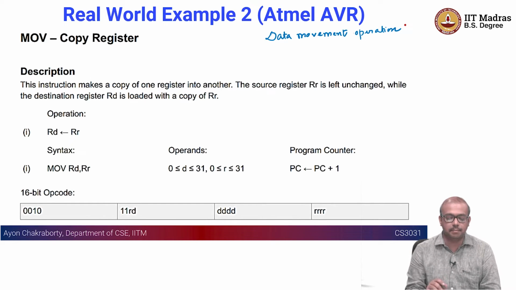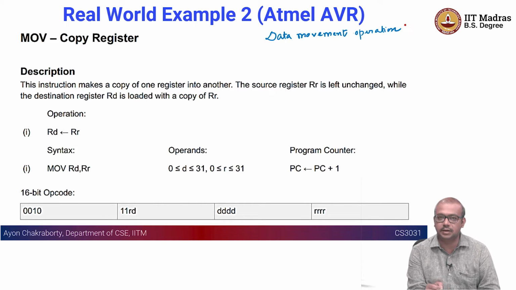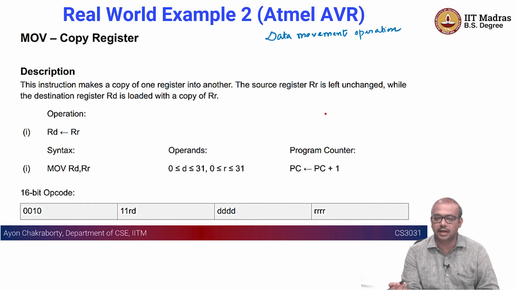And this instruction makes a copy of one register into another. Very humble, simple instruction, MOV. The source register RR is left unchanged, so this is very important. The reason I am showing you real world examples is to help you calibrate how instructions actually look like in the real world and what kind of things are specified.